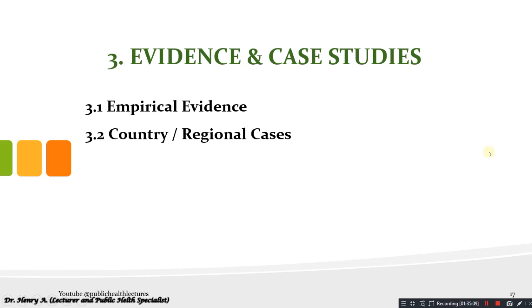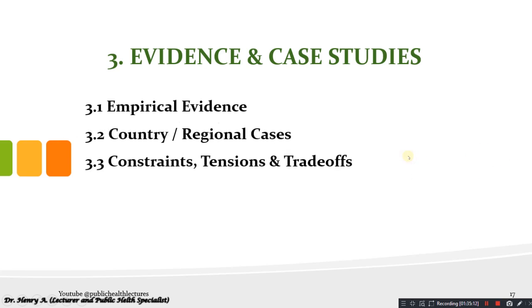Let's see the other aspect, which is constraints, tensions, and trade-offs. Here are common constraints and trade-offs that have emerged from empirical work and country case studies. I will discuss them one by one.